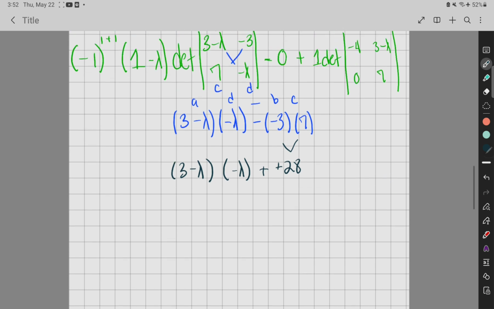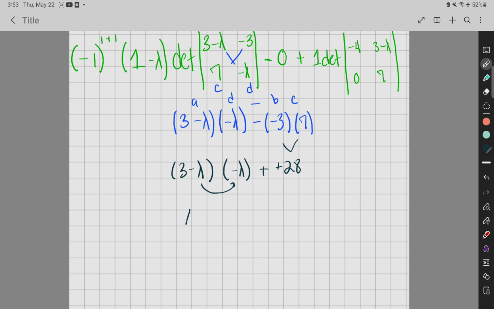So then after that, personally for me, I factor this out. So minus lambda times minus lambda, when you're timesing, you're adding the powers. And also -1 times -1, that's just 1, because they have a -1 coefficient right here.